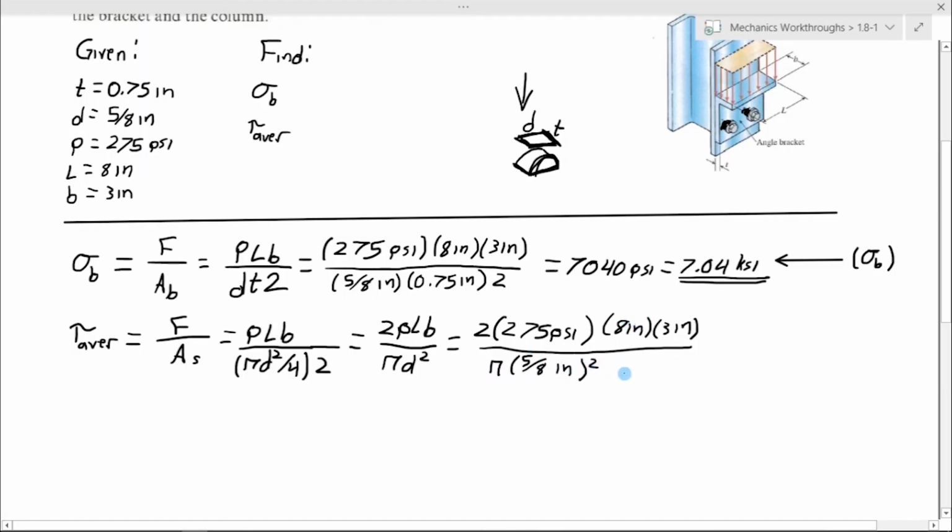Oh, and I forgot to mention that we should check our units. So we can see all of these inches cancel out, and we go from psi to psi, so that makes sense. And the same goes here. This is an inches squared, so this actually cancels out both of these inches, and we end up with a psi.